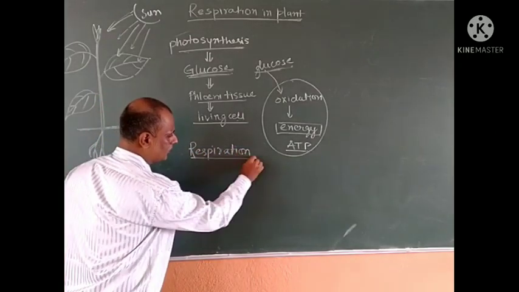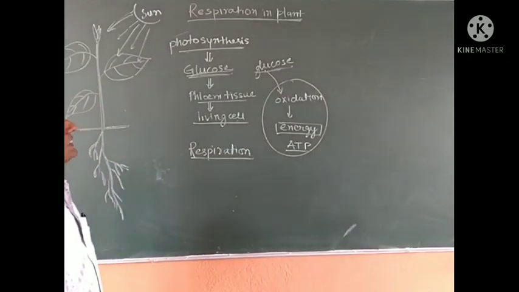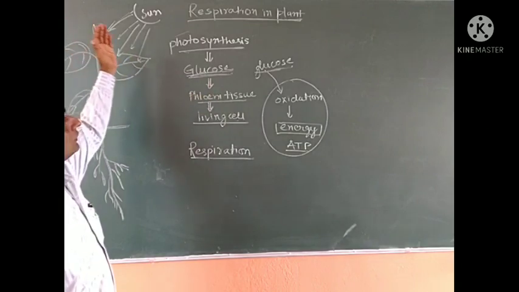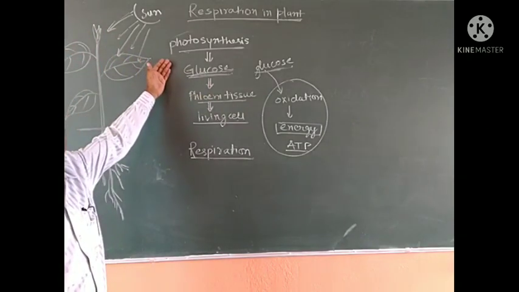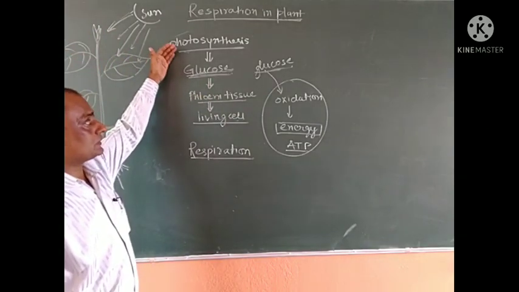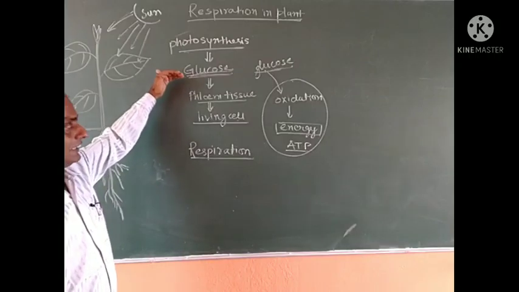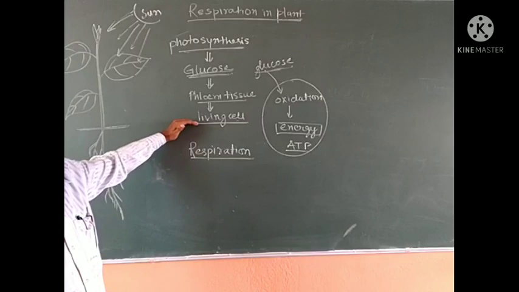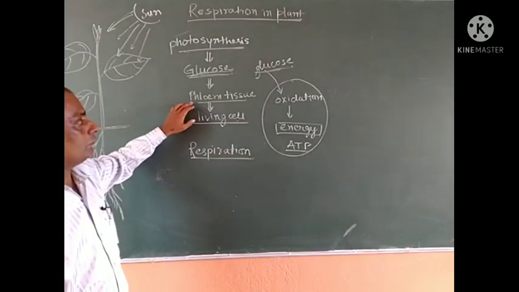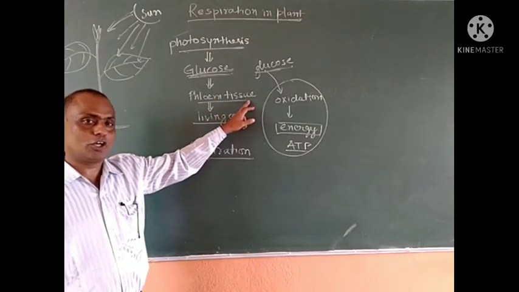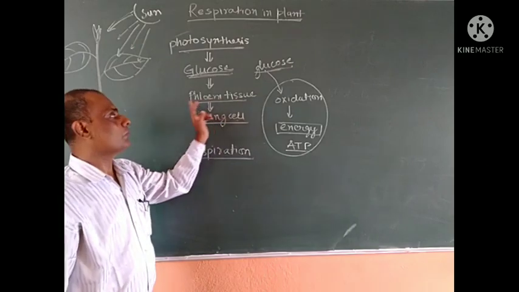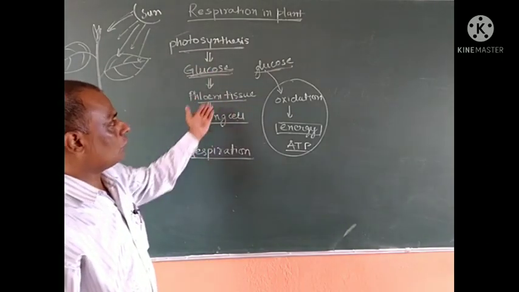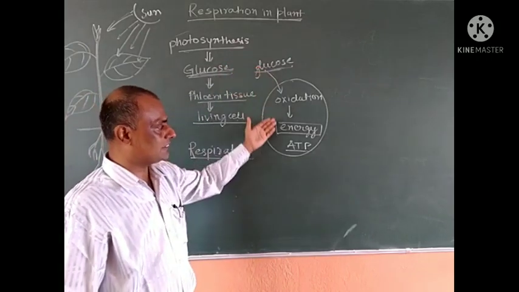So from here you come to know the definition of respiration. Once again, I am repeating, just try to understand. During the course of photosynthesis, the plant produces glucose, and this glucose is carried to the different living cells of the plant body with the help of phloem tissue. Now the glucose reaches the living cell.